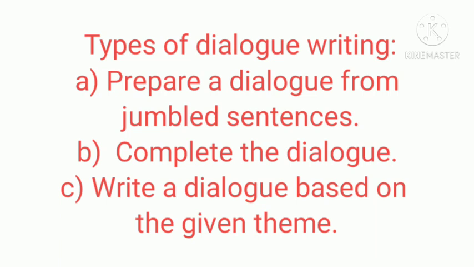Now let's see the examples. Examples in question 5 b1, a, b and c. Question 5 b1 a consists of preparing a meaningful dialogue from the jumbled sentences. Then b consists of completing the dialogue, and it is also based on the chit chat section.